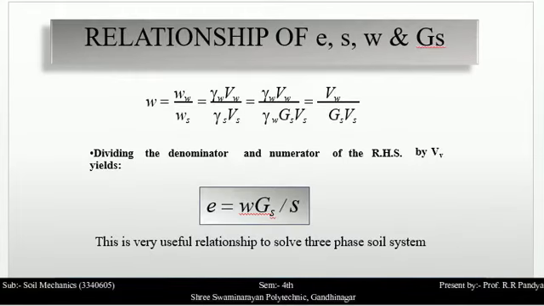Now take a look at the relationship of void ratio, degree of saturation, water content, and specific gravity. Here you can see in the equation, as we know, the water content is the ratio of weight of water over weight of solid.